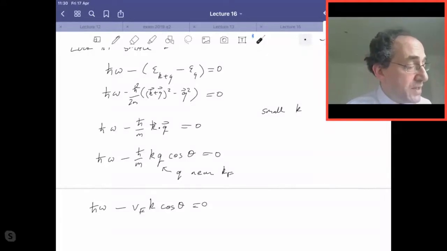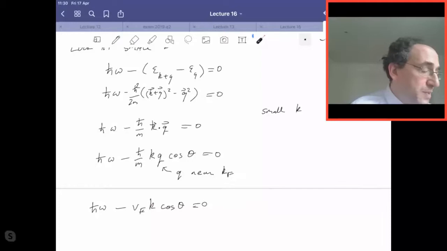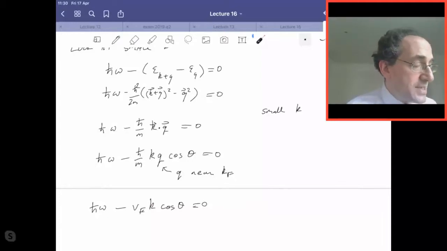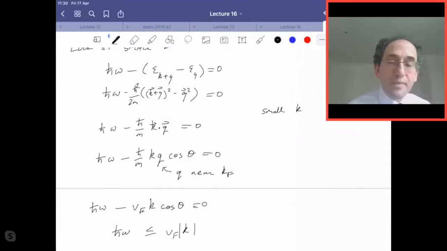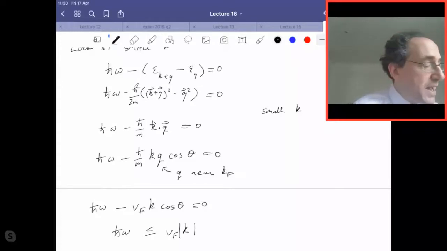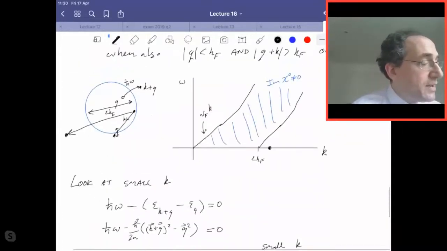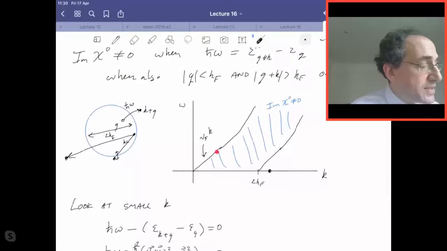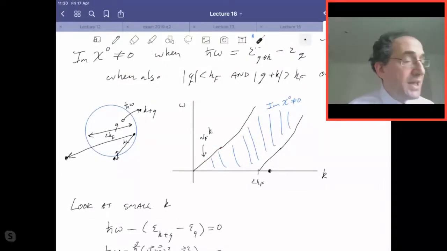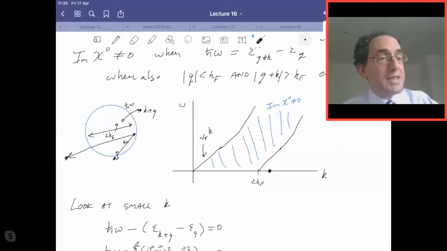Depending on the relative angle between q and k, cosine theta can go from +1 to -1, but h bar omega has to be less than or equal to vF times k. Okay, so if I back up to the picture up here, that explains why we have this edge here, above which, at frequencies above vF k, you don't get any excitations either.